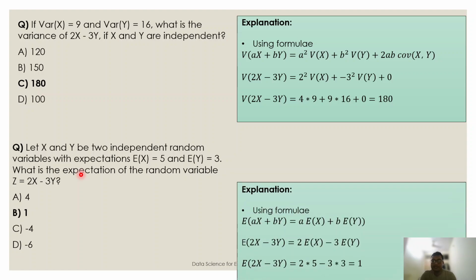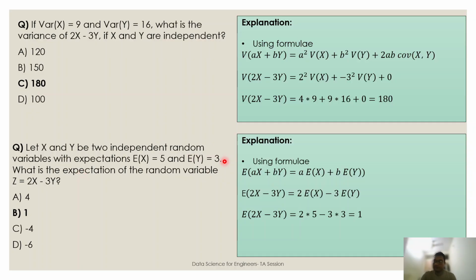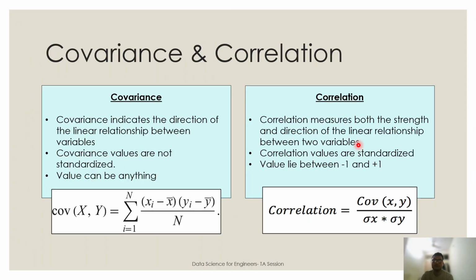So the correct answer is B, that's 1. Those who were not able to answer, it's a simple formula. It is 2 multiplied by expectation 5, that's 10, minus 3 multiplied by 3, that's 9. So 10 minus 9 is 1. That's very basic maths. Same questions are asked, so just solve those.